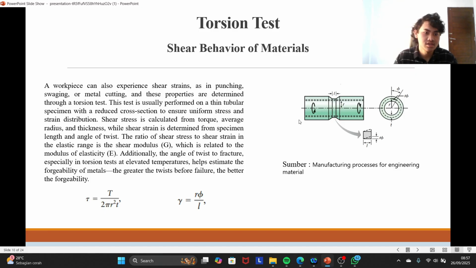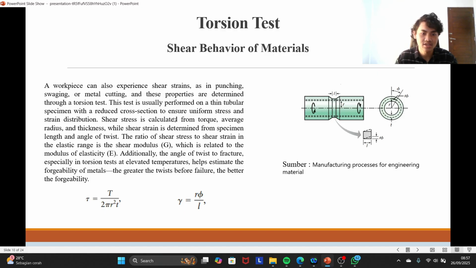Next, torsion test. A workpiece can also experience shear strains, as in punching, swaging, or metal cutting, and these properties are determined through a torsion test. This test is usually performed on a thin tubular specimen with a reduced cross-section to ensure uniform stress and strain distribution.